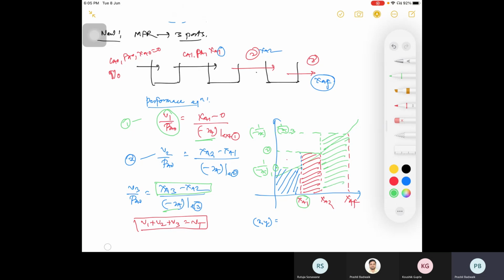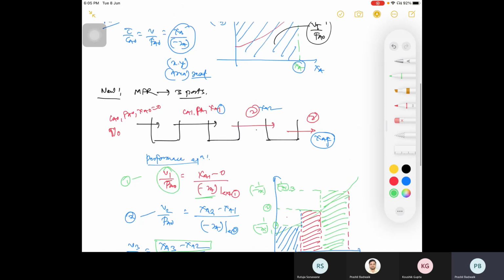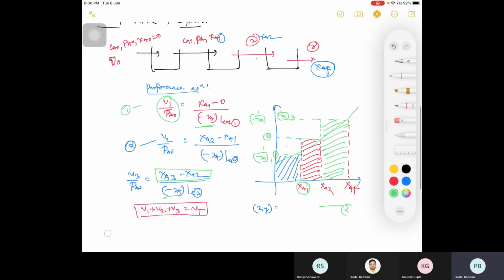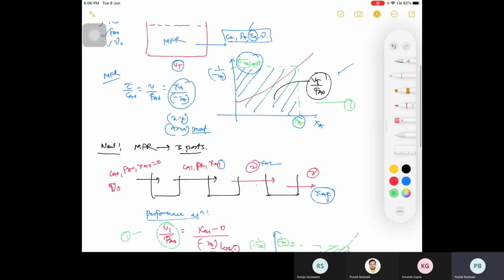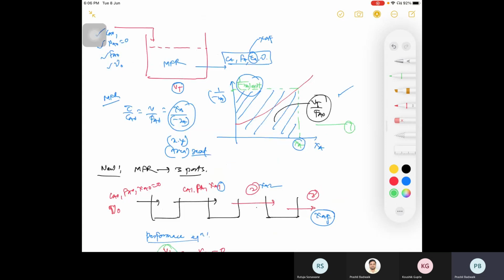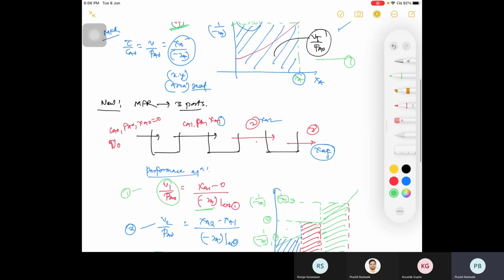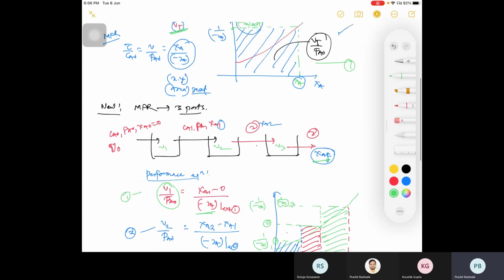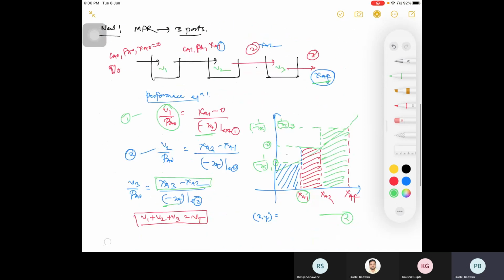From these two graphs, this is your first graph and this is your second graph, what are you observing here? Here I had a single MFR of volume Vt, and here I broke it down into V1, V2 and V3. I am getting the same conversion here, right? XAF here, and here also it is XAF.